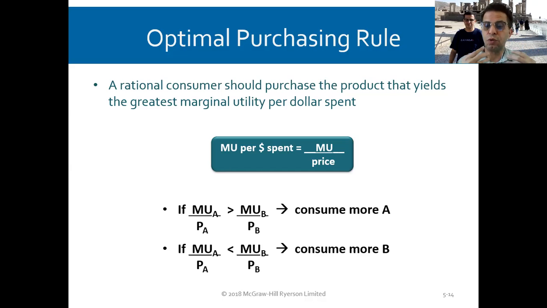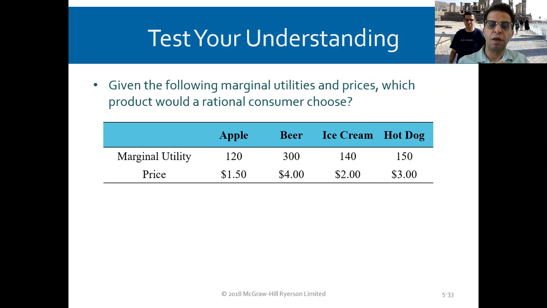Which one contributes more value for the same amount of dollars we spend? So given the following marginal utilities and prices, which product would a rational consumer choose? Now we have beer, apple, ice cream, and hot dog. In the earlier example, we had chocolate and chips.